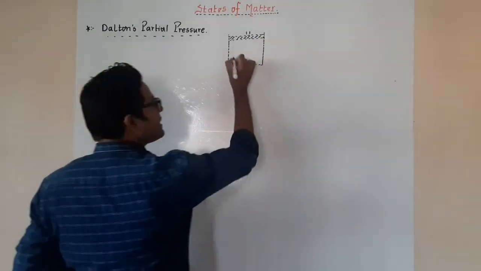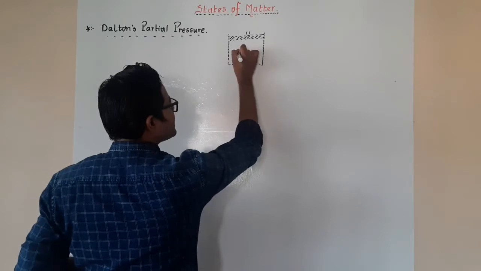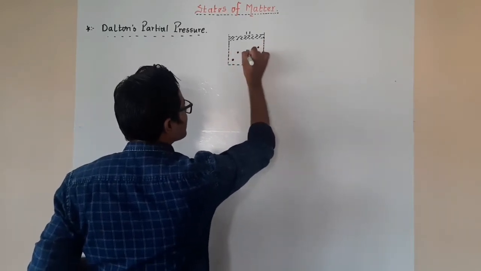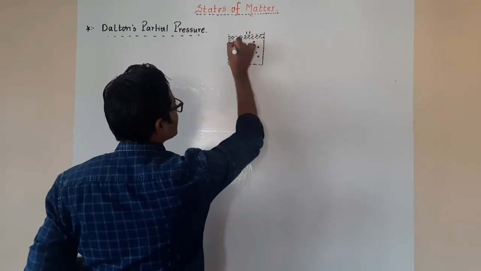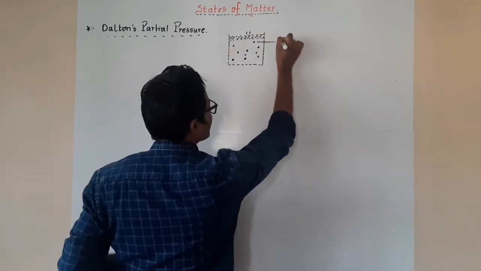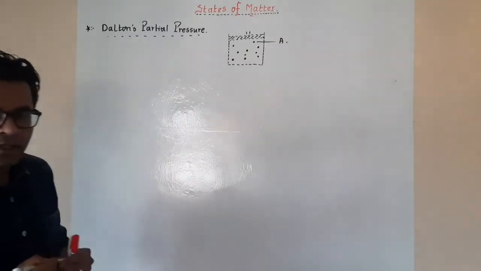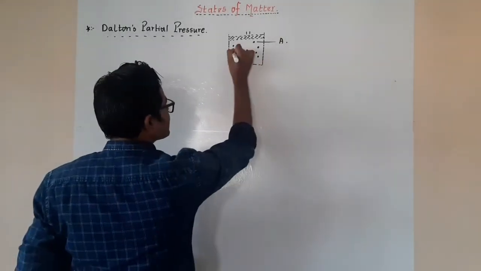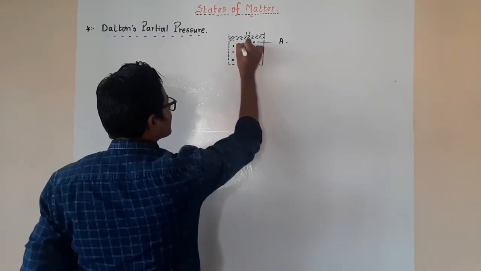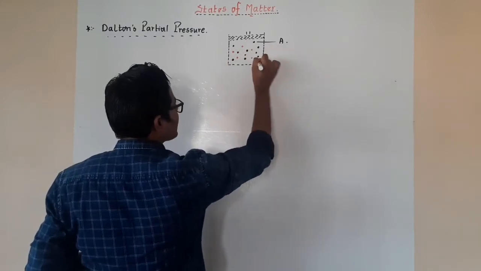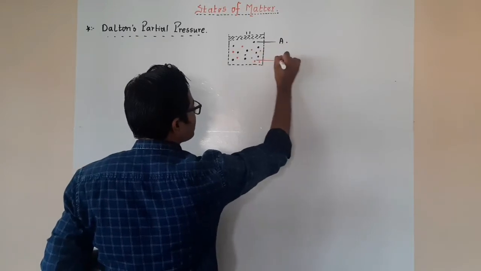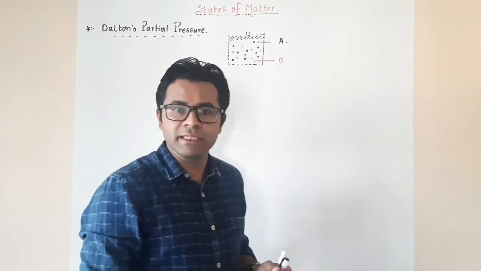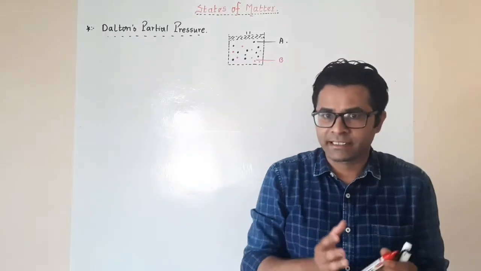Now in this particular container, let's say these are the gas molecules. Let's say this is a gas molecule of A. Alright, so these are the gas molecules of A. And in the same container, let's say that we have the other gas, a gas B. The condition is that the gas A and the gas B are not going to be reactive.